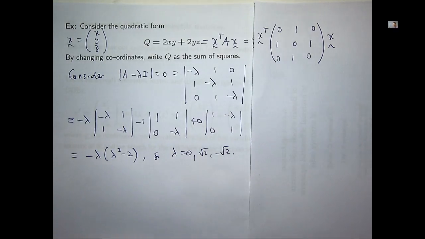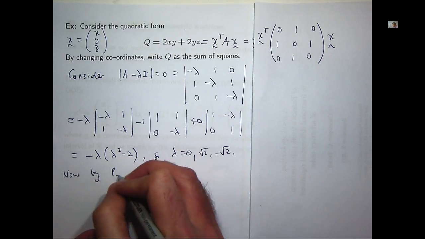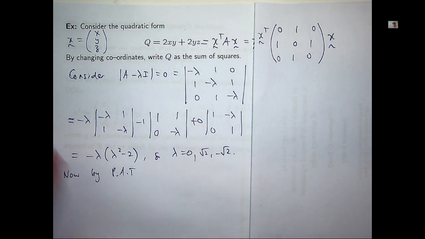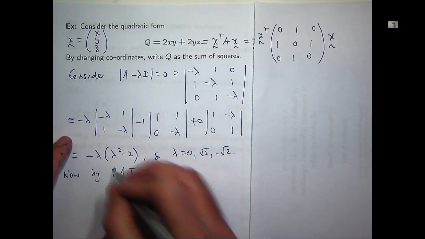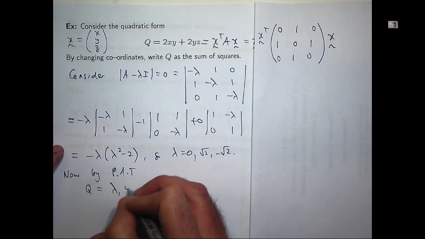Now we're at a good spot because we just need to write down one more line and we're finished, right? We just invoke the principal axes theorem and say the following. By the principal axes theorem, Q can just be written in the following form.